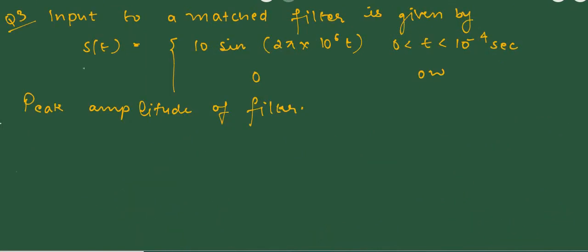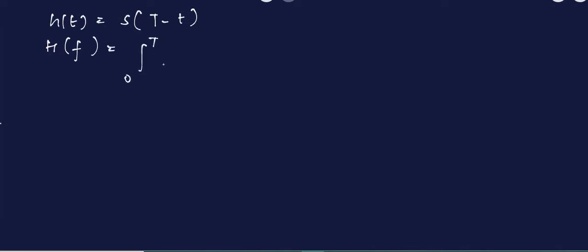Now in this question, an input signal is given to me and I have to find the peak amplitude. In many earlier questions we have seen that the peak amplitude was somewhat related to the energy of the signal, but I will also prove it to you. Now I know that my impulse response can be written as s(T minus t), and if I take the Fourier transform, then I can integrate it from 0 to T, s(T minus t) multiplied by e to the power minus j 2 pi f t dt.